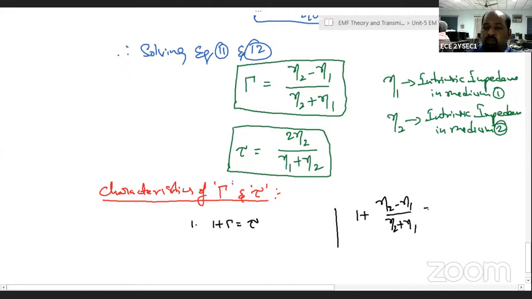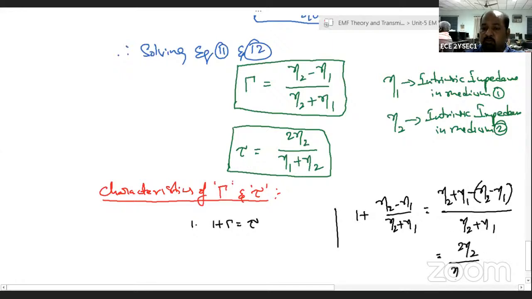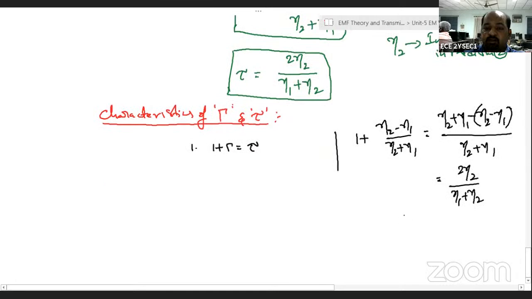So this is equal to, if you simplify this, eta 2 plus eta 1 plus eta 2 minus eta 1 divided by eta 2 plus eta 1. So this is equal to 2 eta 2 by eta 1 plus eta 2, right? So therefore 1 plus reflection coefficient is equal to transmission coefficient. And that is the first characteristic of this.